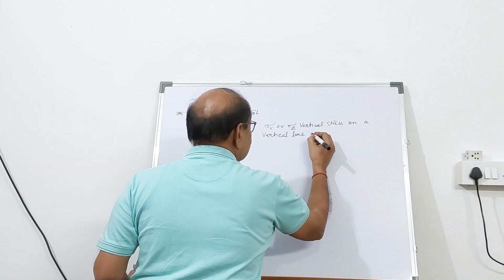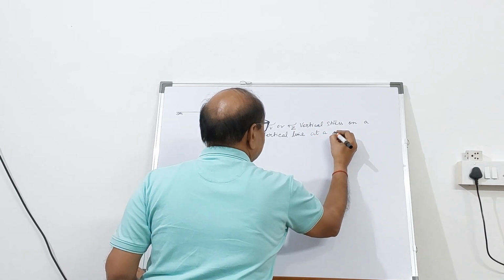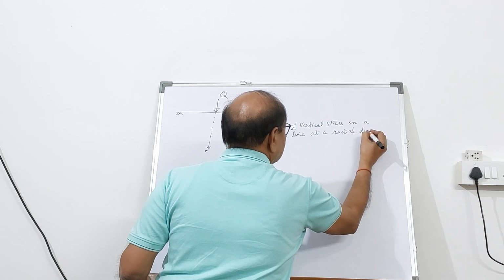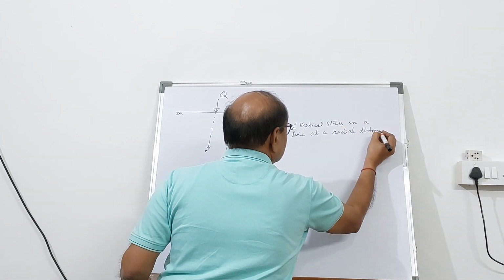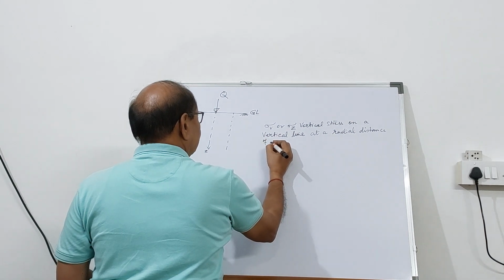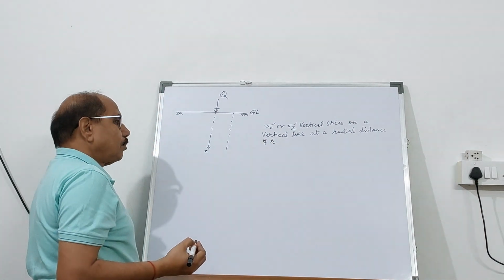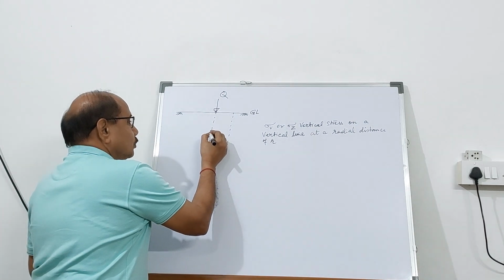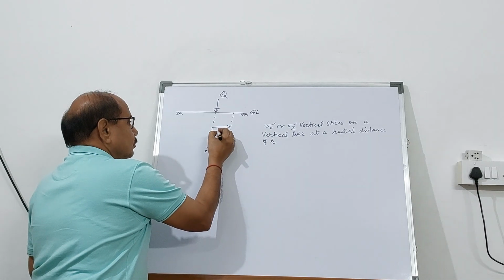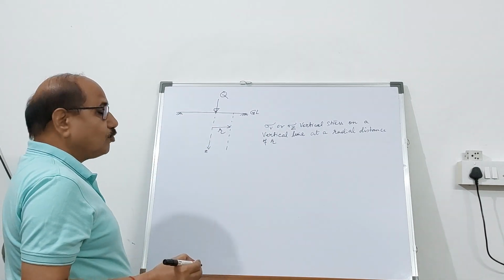This vertical line is, say, at a radial distance of r. So this becomes the radial distance from the axis of loading.